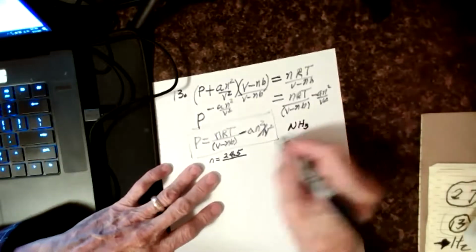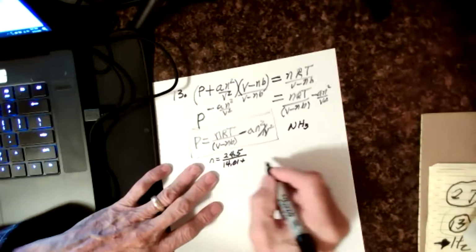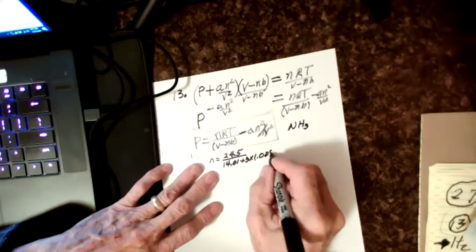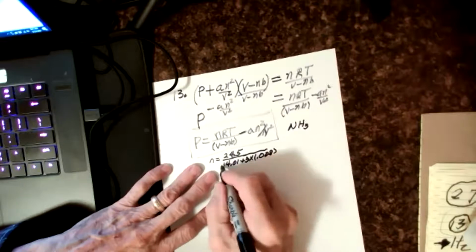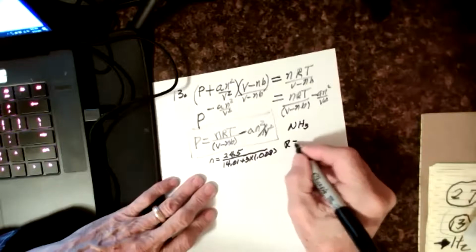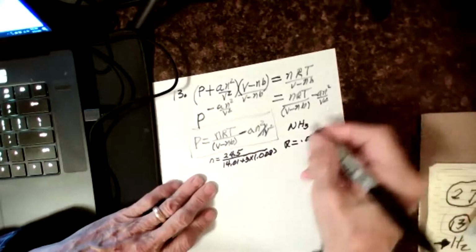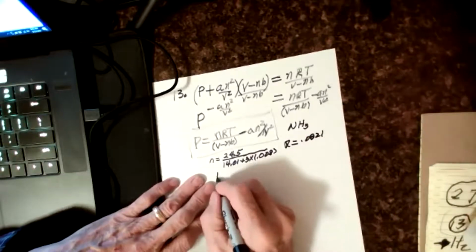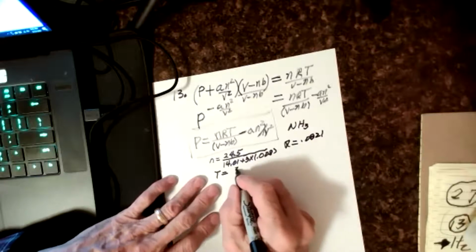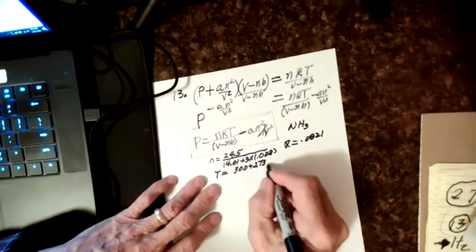Okay, so I've got nitrogen, it's 14.01, 3 hydrogens, 3 times 1.008. So that's going to be my number of moles. R, of course, we know R is 0.0821 liter atmospheres per mole per Kelvin. What about the temperature? The temperature is 300 Celsius, so it's 300 plus 273.15.